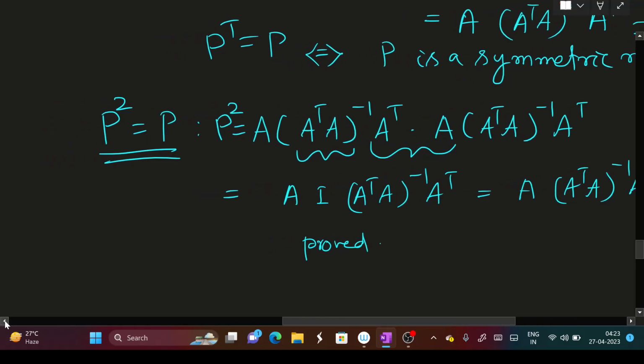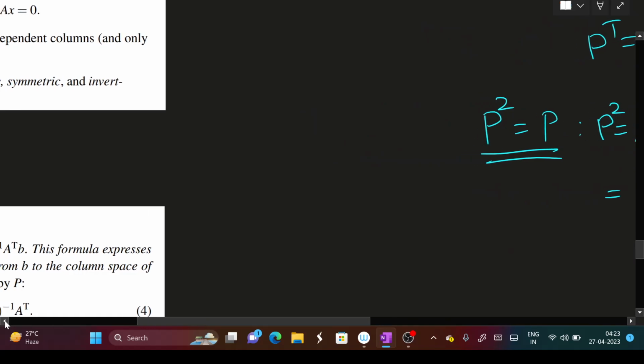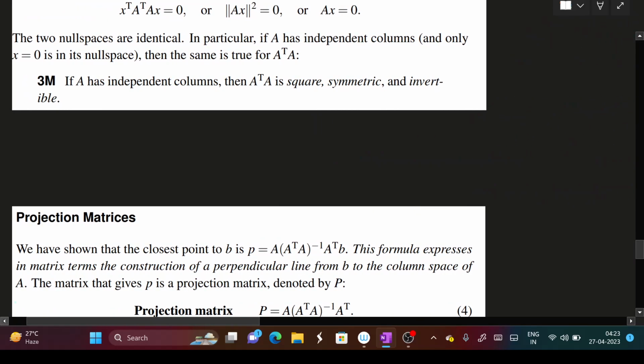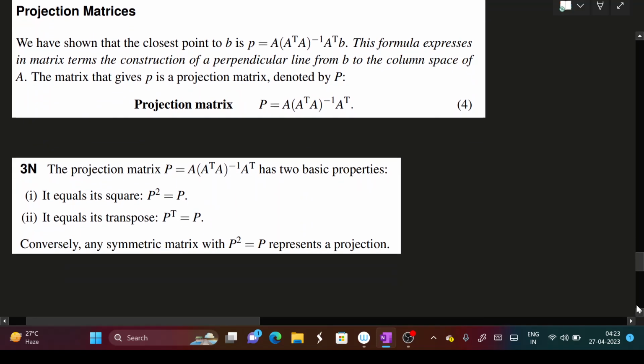So what is expected? Suppose I am given a system of equations where B does not belong to C of A, so it has no solution. Then I am interested to find out a best fit solution, or best approximation or best estimate of this solution.